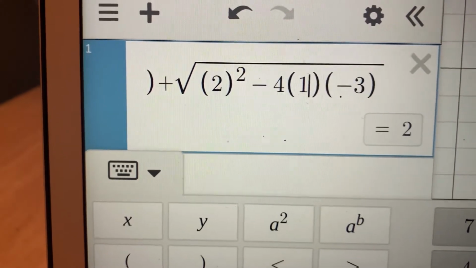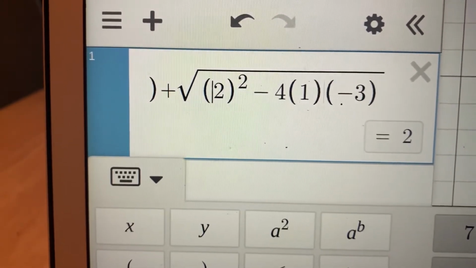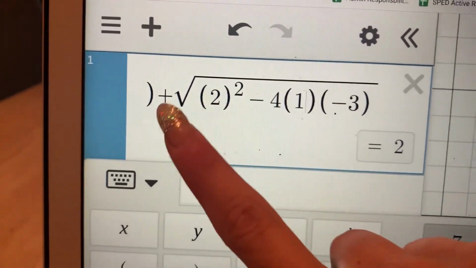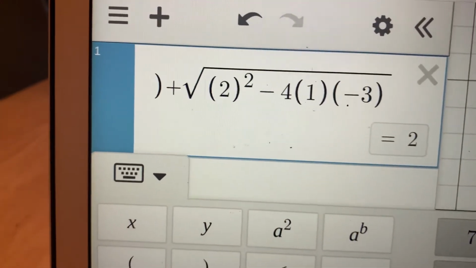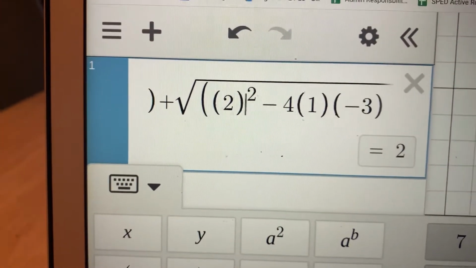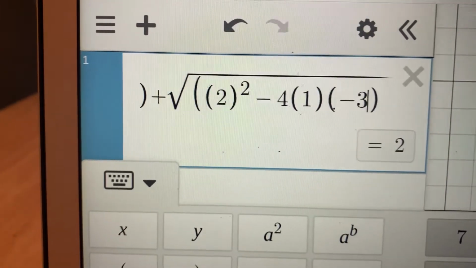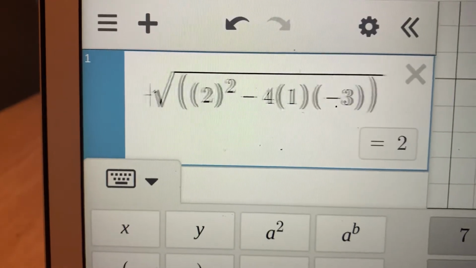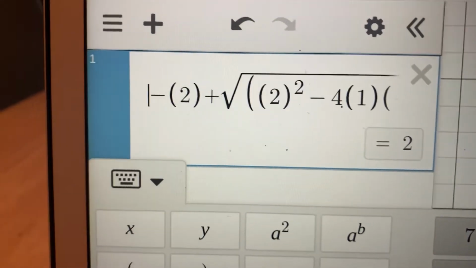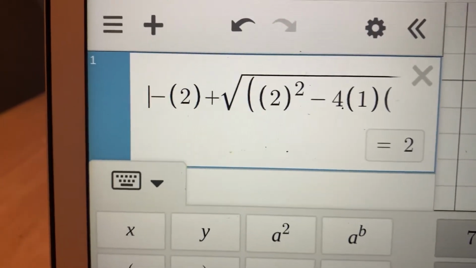So first thing is we want to make sure that this part that's in the square root, in the check mark, is in parentheses, so we're going to do a big parentheses at the beginning and a big parentheses at the end. We also want the negative sign and the 2 to be part of the top.